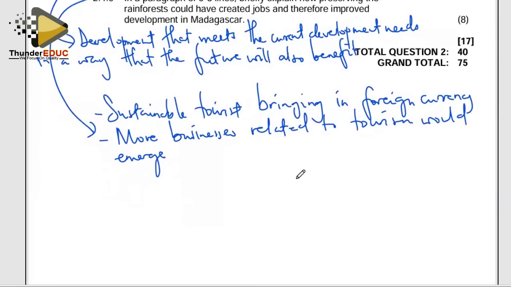Who is going to guide them? So we have different other sectors that are developing. What are they going to eat? Someone is going to develop a food supply business. Someone is going to develop a transport supply business. Someone is going to supply an accommodation business. So it means all those businesses are going to emerge as a result of tourism. And after those businesses emerge, it means many people will get jobs.